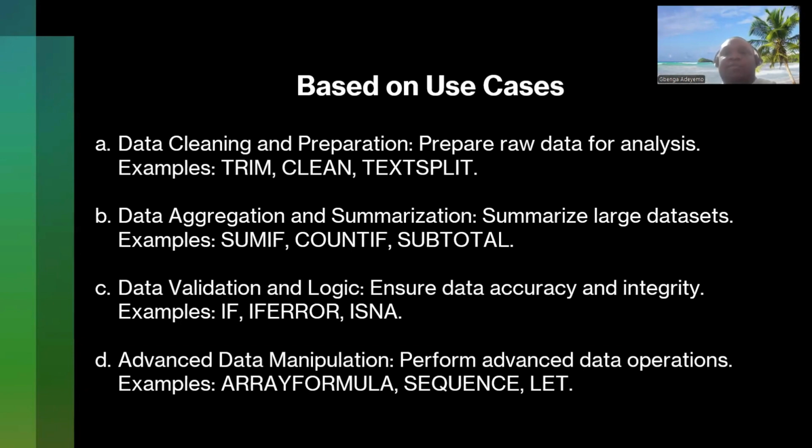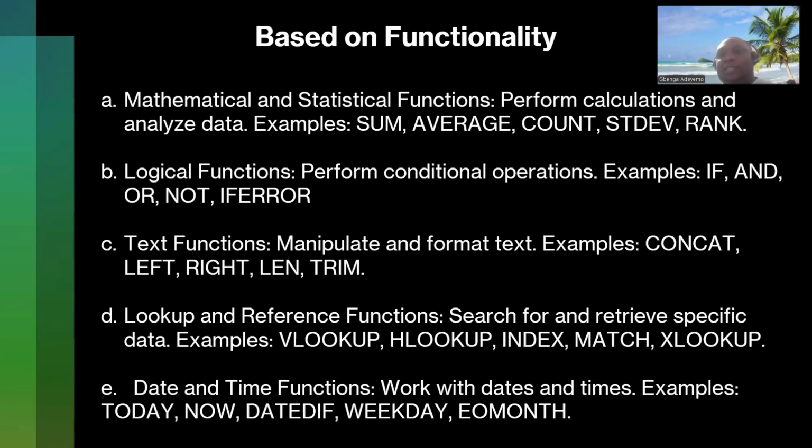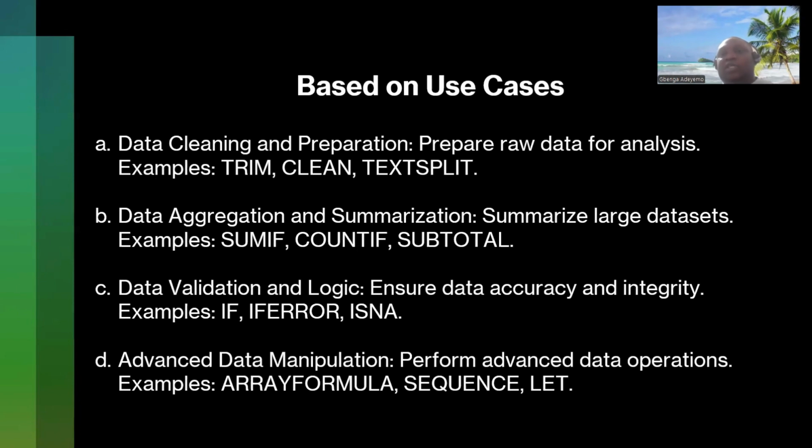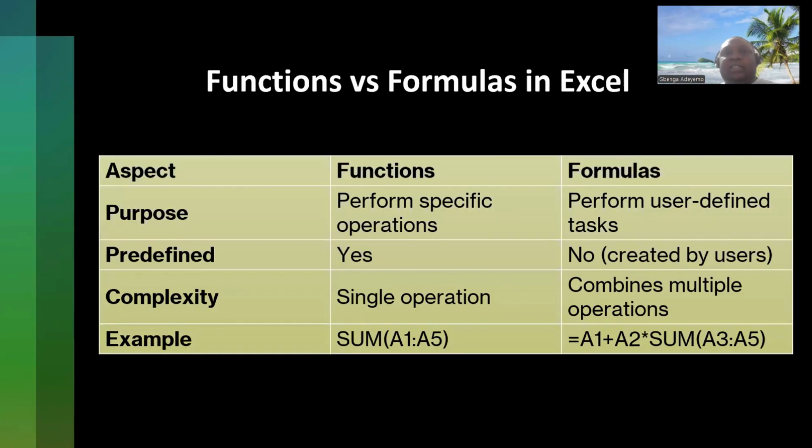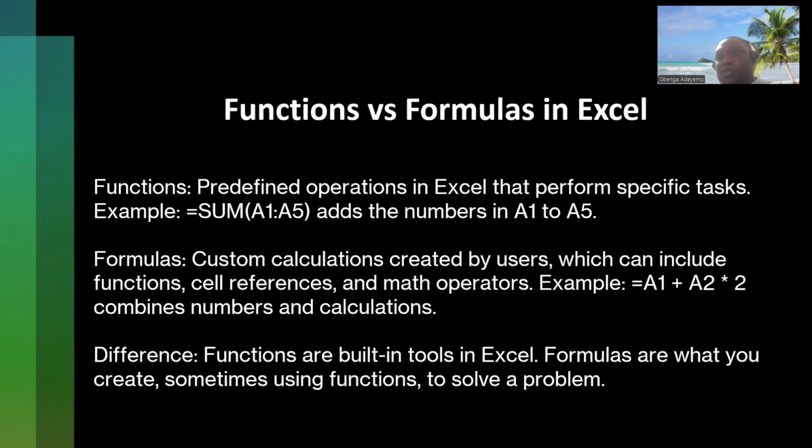So to do a recap of what I have done today, I have taken you through the different categorization of Excel functions based on three different things. For example, based on functionality, based on input-output nature, based on use cases, right? I have showed you here the difference between Excel functions and Excel formulas, right?